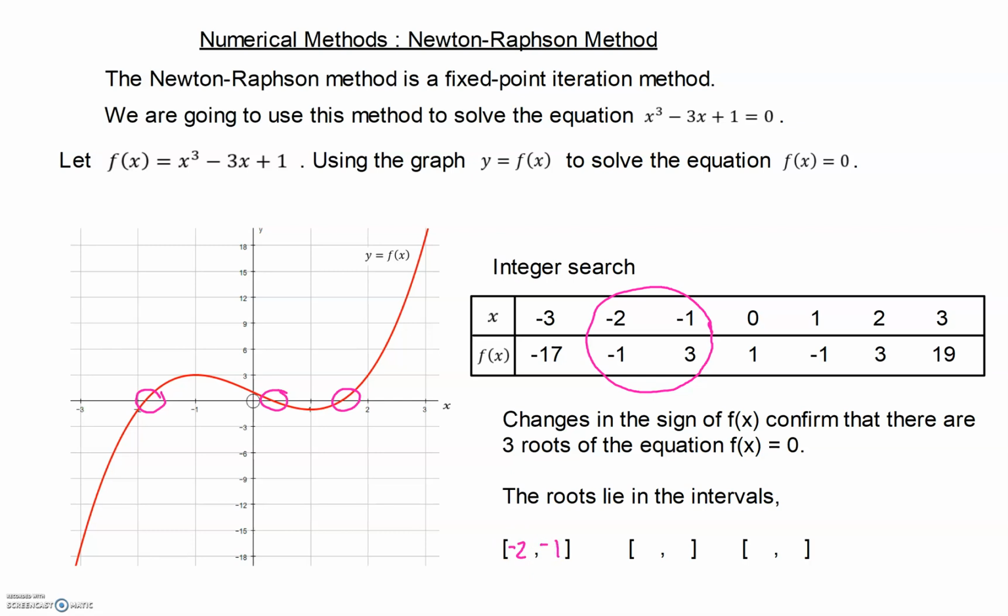We have another change of sign between 0 and 1, so that's the second interval, and then we have a third change of sign between 1 and 2, and that is reflected in the graph, because you can see that those are the intervals where the graph cuts the x-axis.